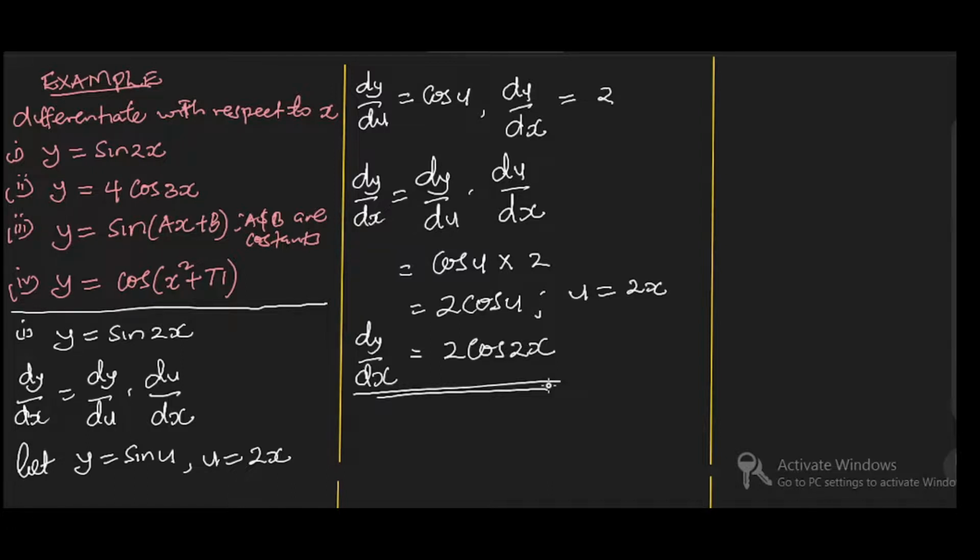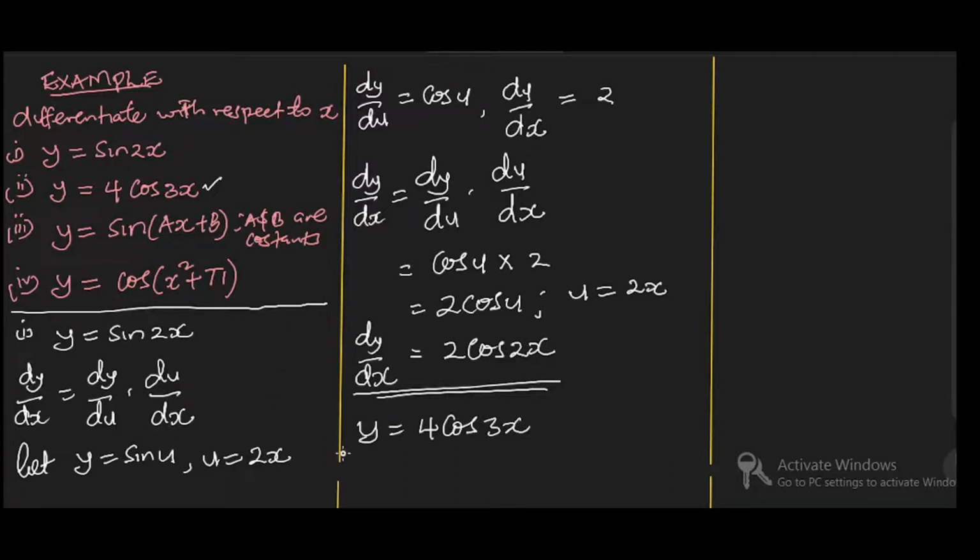Let's do the second one as well. Here, we have y as 4 cos 3x. Once you have that, we still do the same thing. We do the letting.